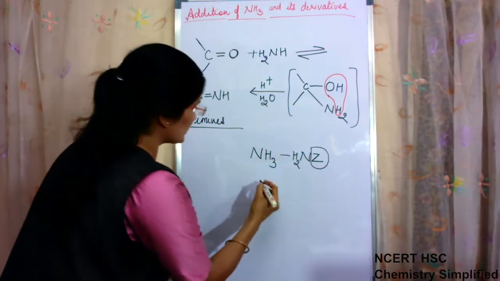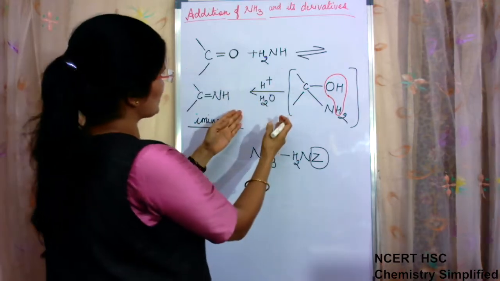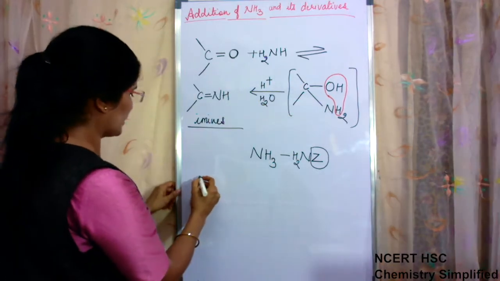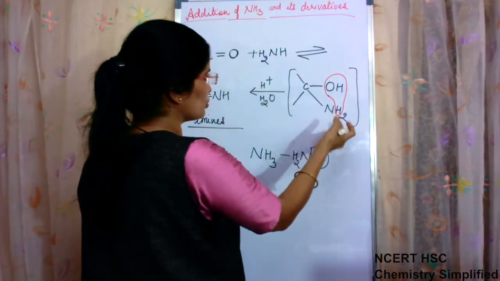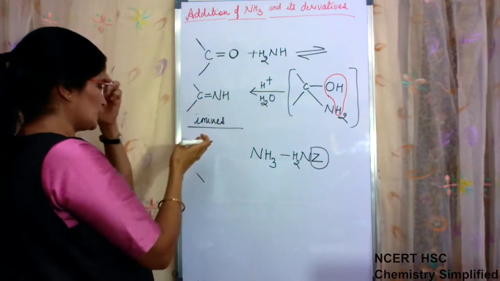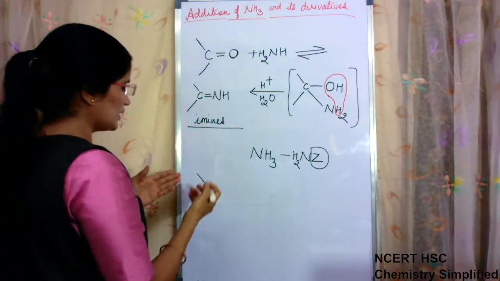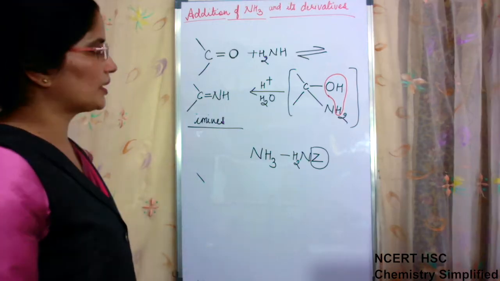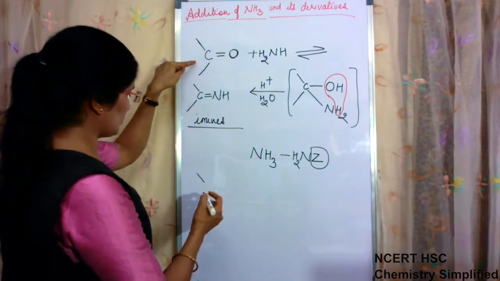This reaction, which we have written in this manner for ammonia, I have shown you because we want to know which intermediate is formed, and then in the next step N is bonded to C by double bond. In one step also, this reaction can be written without writing the intermediate.